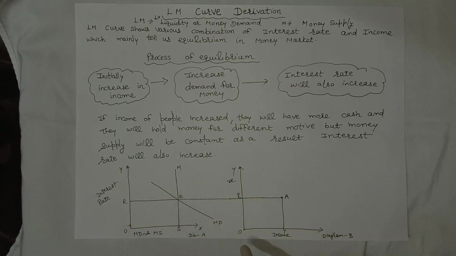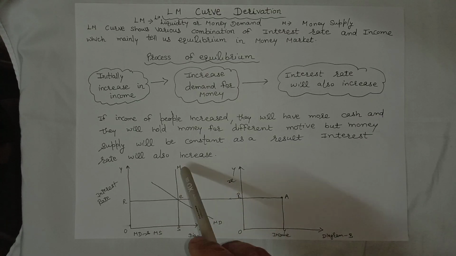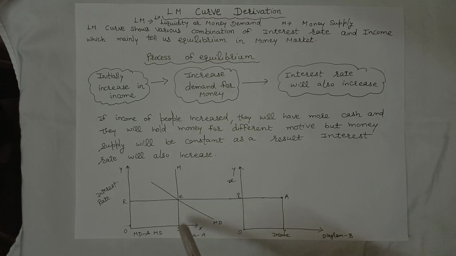In diagram B, on the x-axis I have income and on the y-axis the interest rate.